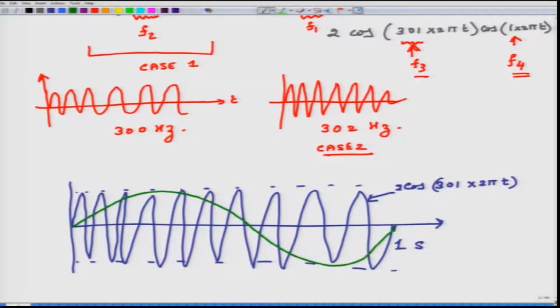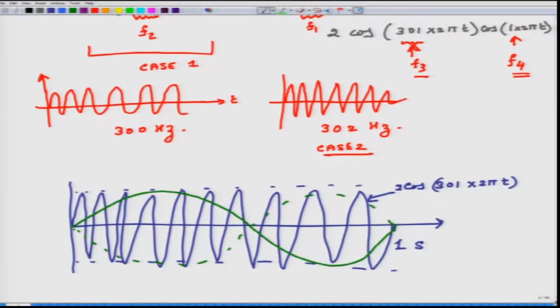And what you are listening to is what? The product of the green and the blue. So, the actual wave which you will listen to will be something like this. I take its mirror image also, and the actual wave which I will listen to will be a sine wave which goes up and down how many times? 300 times, but it will be bounded between the green curves.